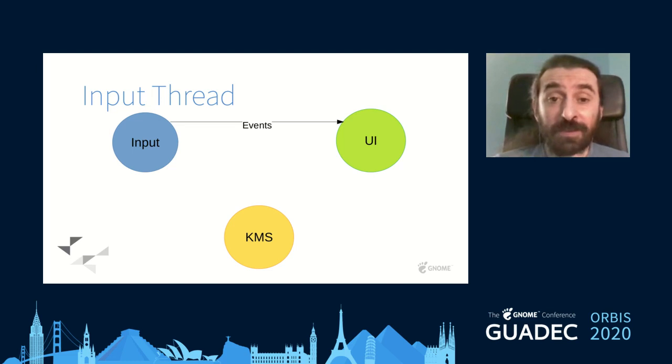The final goal is to make the input thread, the blue circle that you see there, able to figure out from one pointer position and a number of events what would be the next pointer position without external agents, basically.